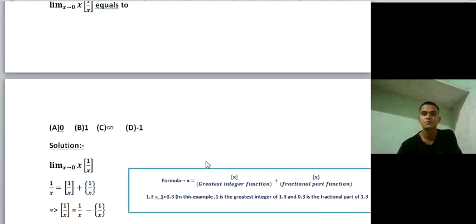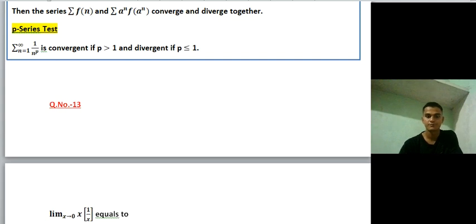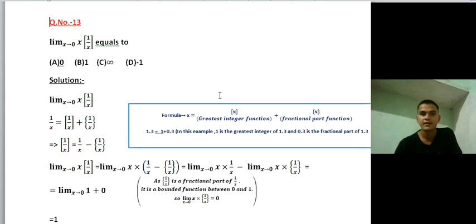It is asked, we have to find out the limit of this. So this is clearly a greatest integer function.